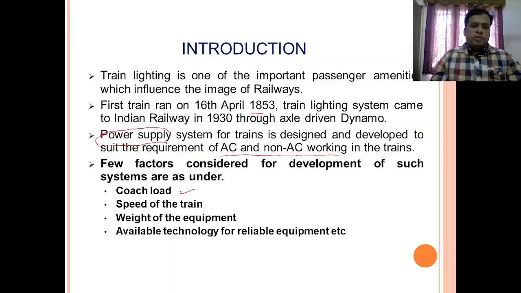How much load is taken by the coach matters, and the speed of the train also matters a lot, because the speed of the train is connected to the power supply system, where the supply is given to the train with the help of the pantograph and so on. Then the weight of the equipment is also considered, because if the weight is more, the lighting will be affected.